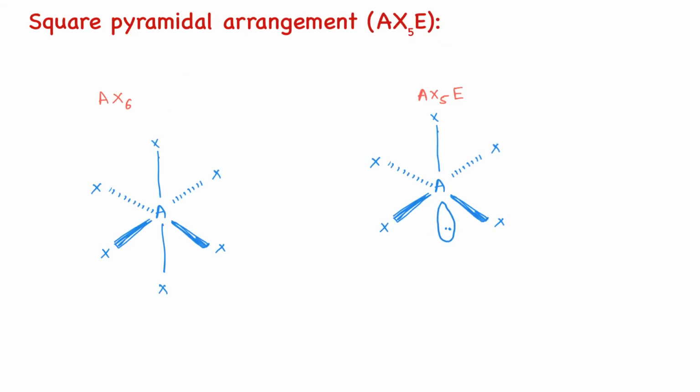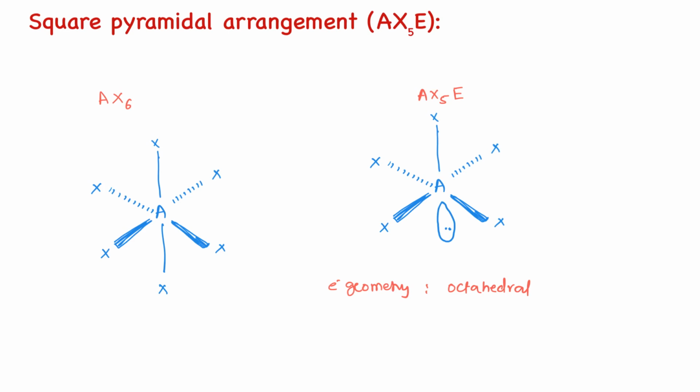If one of the bond pairs is replaced with a lone pair, we get AX5E type. The electron geometry is still octahedral. However, one of the corners of the octahedron shape does not have an atom. Instead, we have a lone pair.